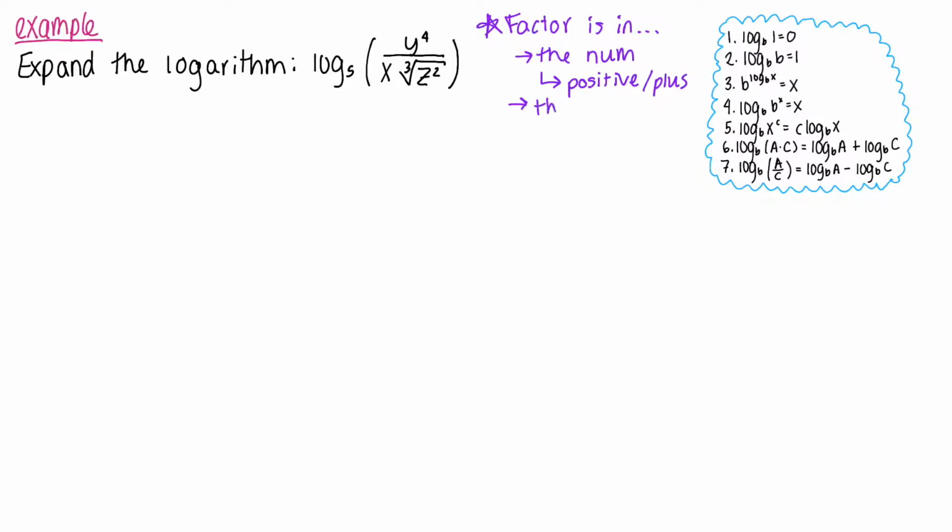If it's in the denominator, it's going to be negative, or there'll be a minus sign in front of it. And then the other important thing we're going to be doing here is remembering to bring down the exponents.